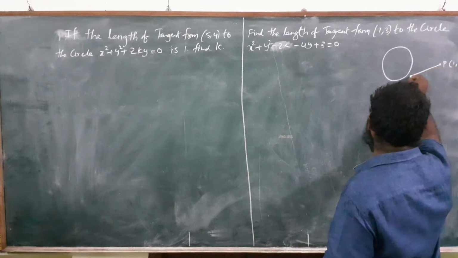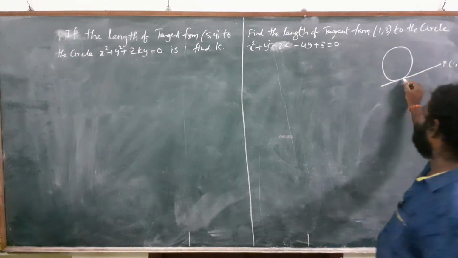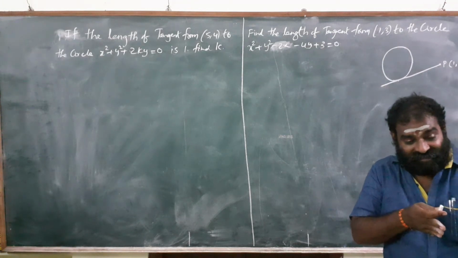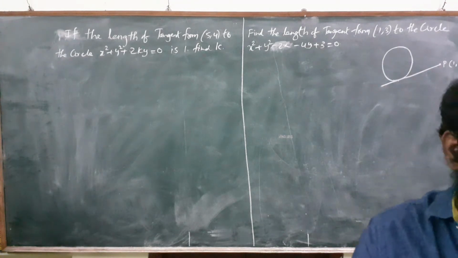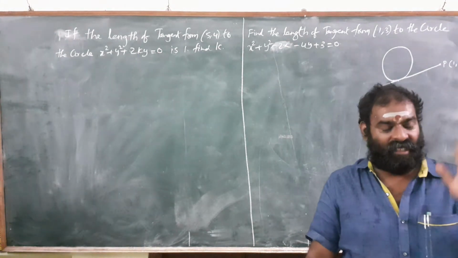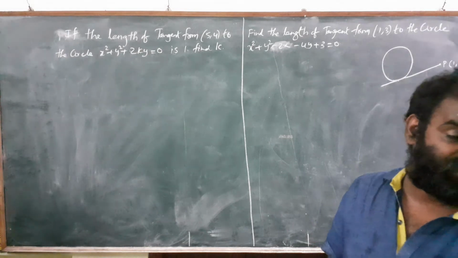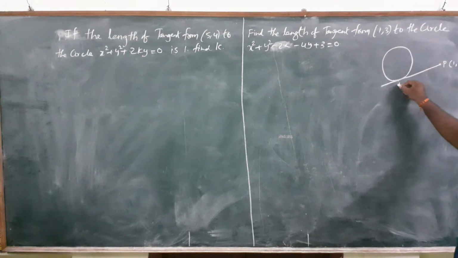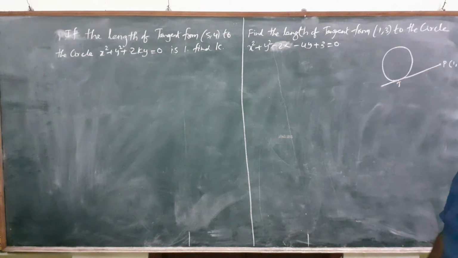From this P you draw a tangent to this circle. If a line touches the circle at only one point, then the line is called a tangent to the circle. Suppose this is T, this PT is the length of the tangent. So you have to calculate this PT.